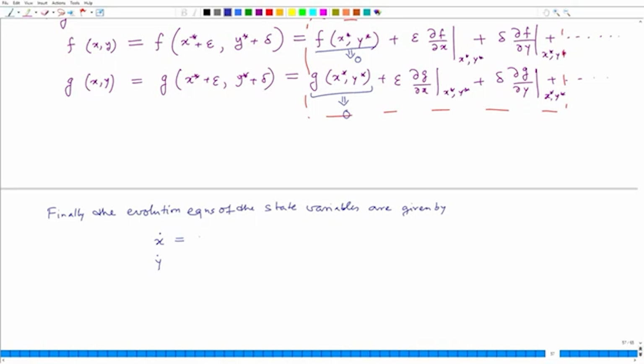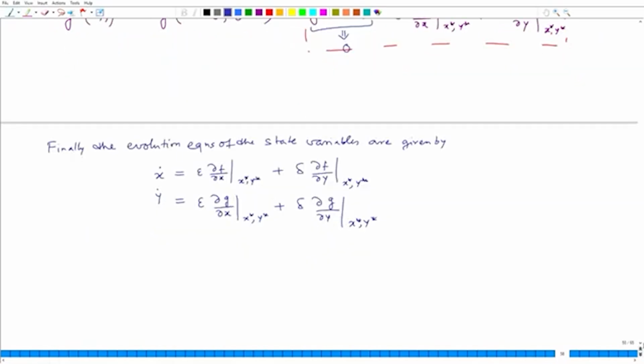So, it will simply be equal to epsilon del f del x evaluated at x star, y star, plus delta del f del y evaluated at x star, y star, and here the same thing for y. So, you have epsilon del g del x at x star, y star, plus delta del g del y at x star, y star.